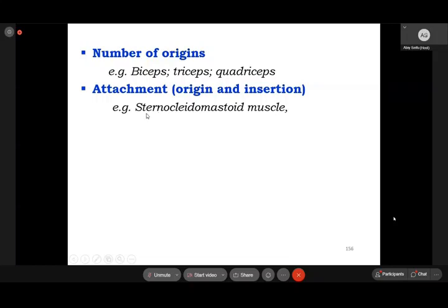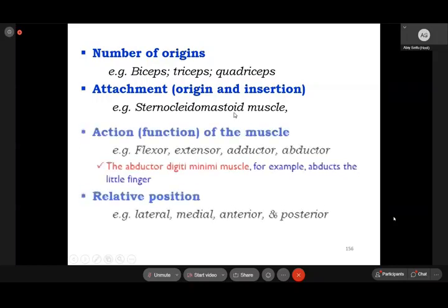There is sternum, you remember the sternum bone, and there is also clavicle, and mastoid, the mastoid process of the temporal bone. Therefore, the muscle originates from the sternum and the clavicle, and inserts on the mastoid process of the temporal bone. Okay.